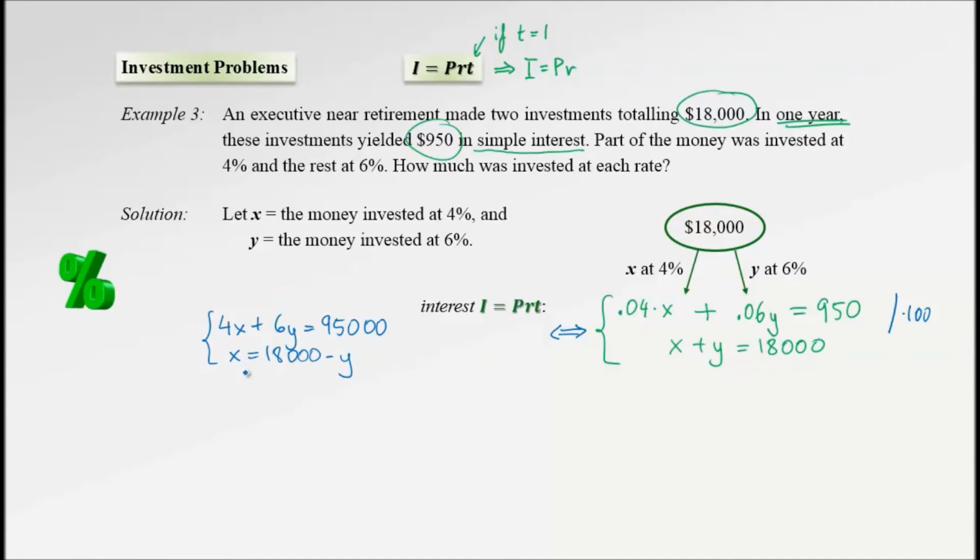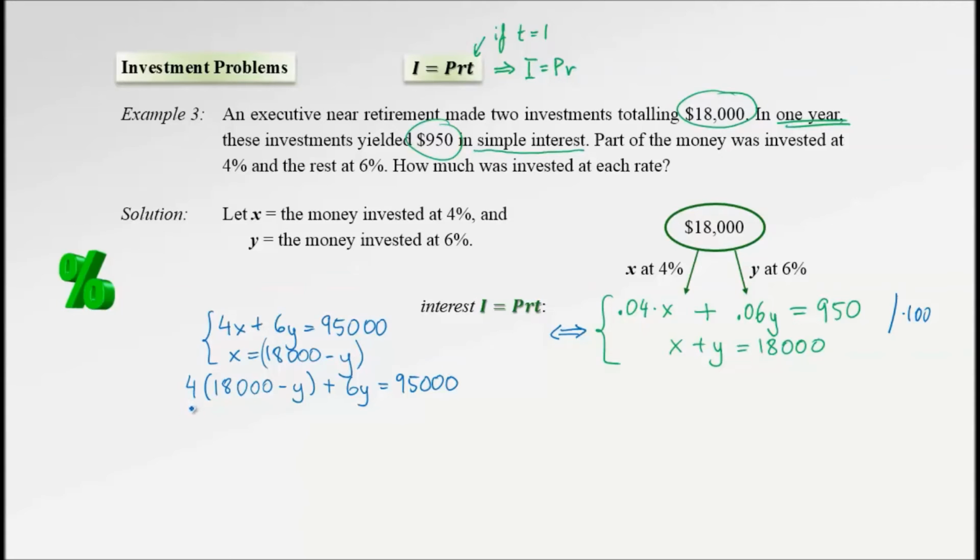Instead of x in the first equation, I'm going to write this whole bracket in terms of y. So it will be 4 times bracket 18,000 minus y plus 6y equals 950 and 2 more zeros. The rest shouldn't be difficult, so why don't you finish this on your own and then come back to the video to check if the answer is the same.